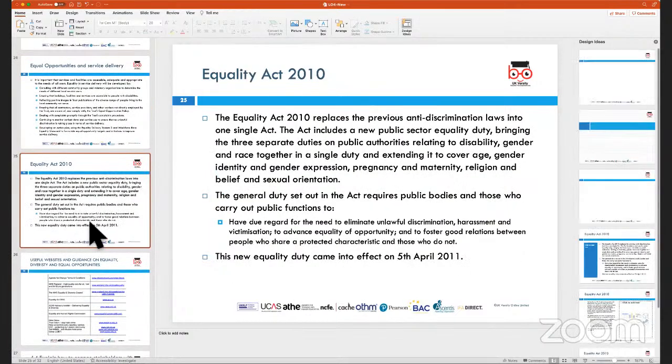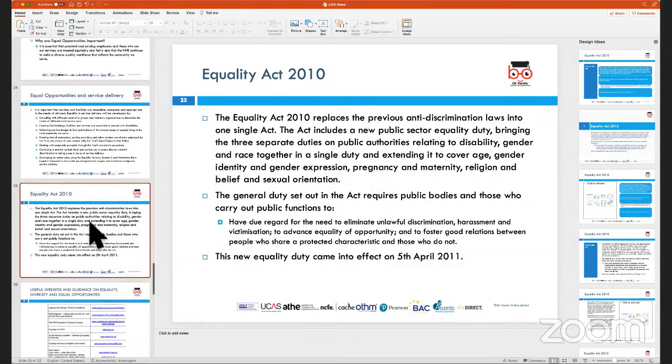And to put this into a bit of context, why do we look at equal opportunities? Because we have the Equality Act of 2010 in the UK, and this act replaces the anti-discrimination laws, which was a single act earlier. This act basically says that we should be able to provide duties from within the NHS and health and social care sector to the members of the public, irrespective of disability, gender, race.